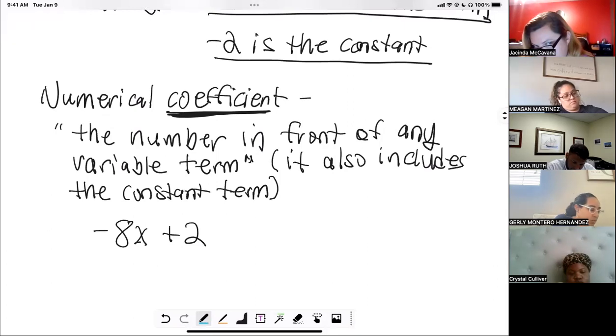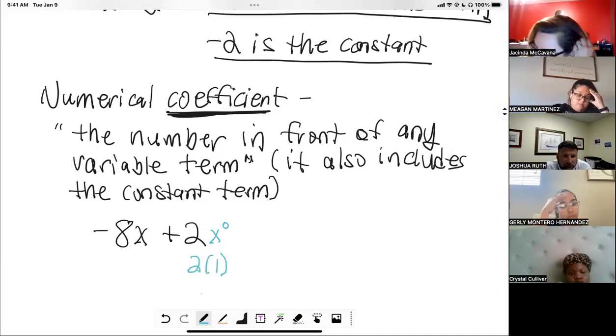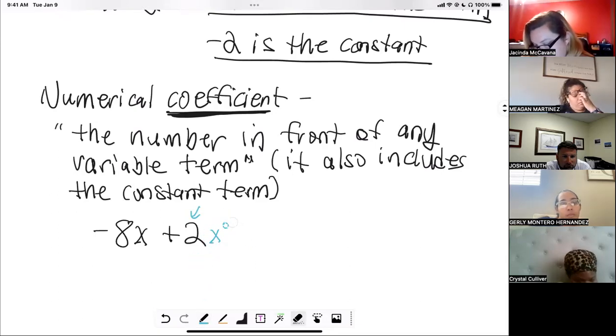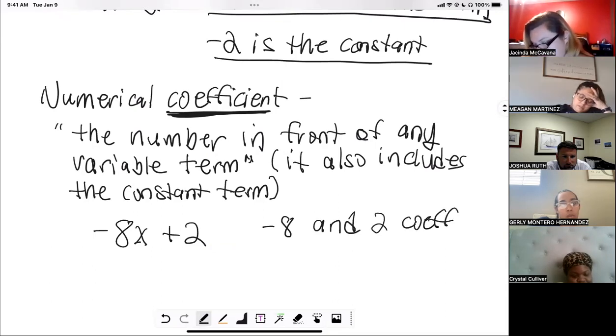But we have an imaginary x to the 0 power here. x to the 0 power is equal to 1. So we never write it. So it's just basically 2 times 1, which is 2. But because there's an imaginary x to the 0 power, this is also a coefficient. If that doesn't make any sense to you, that's fine because we're not even there yet. But just know that the constant is also a coefficient. So the two coefficients I have here would be negative 8 and 2.